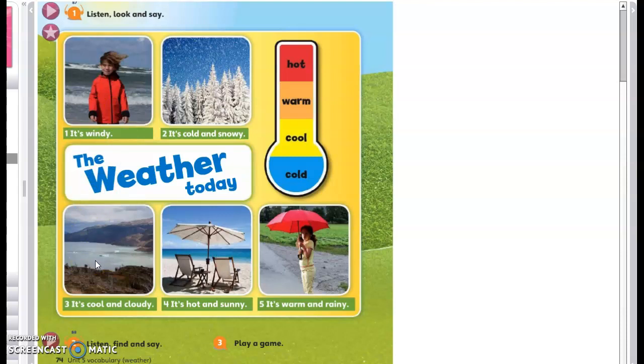The next sentence, it's in picture 5. Very well, it's warm and rainy in picture 5. It's in picture 2. That's right, it's cold and snowy in picture 2.